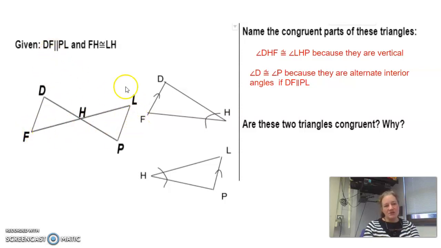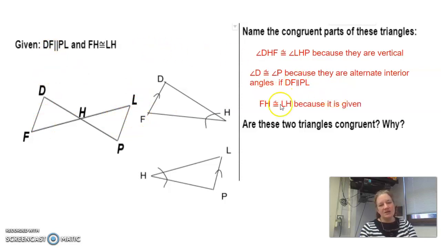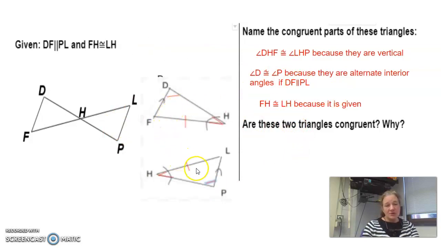If I'm told that these lines are parallel, I can do that. And then FH is congruent to LH because they told you that. So when I redraw this, knowing what I know, I mark angle F and angle L as congruent, and then I'm told FH is congruent to LH.